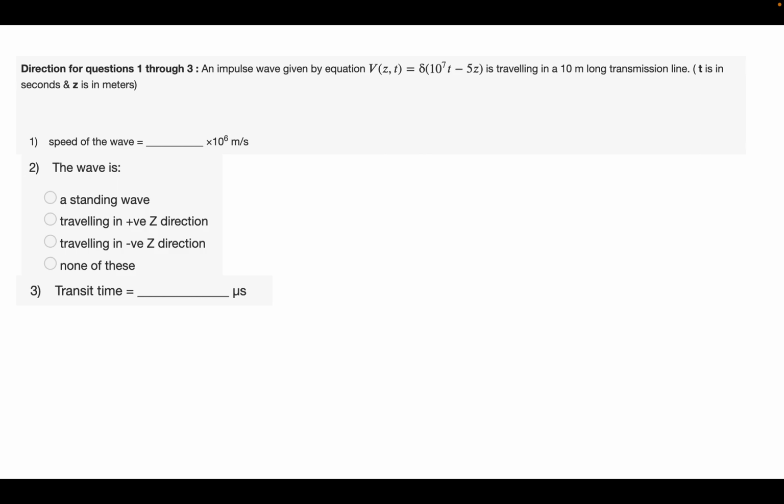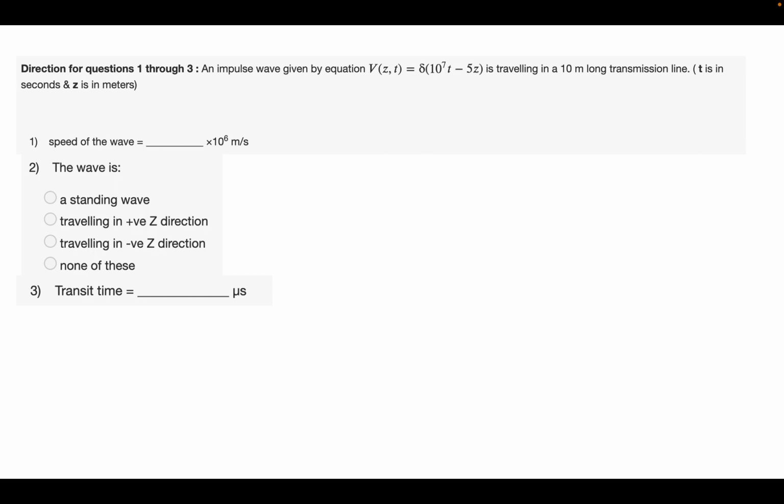One is, what is the speed of the wave. Second, can you tell in which direction the wave is moving: either it's a standing wave, or it's moving in the positive direction, or in the negative direction, or none of these. And then it was asked to calculate the transit time. I think everyone is able to solve this problem, so we will just go through the solution.